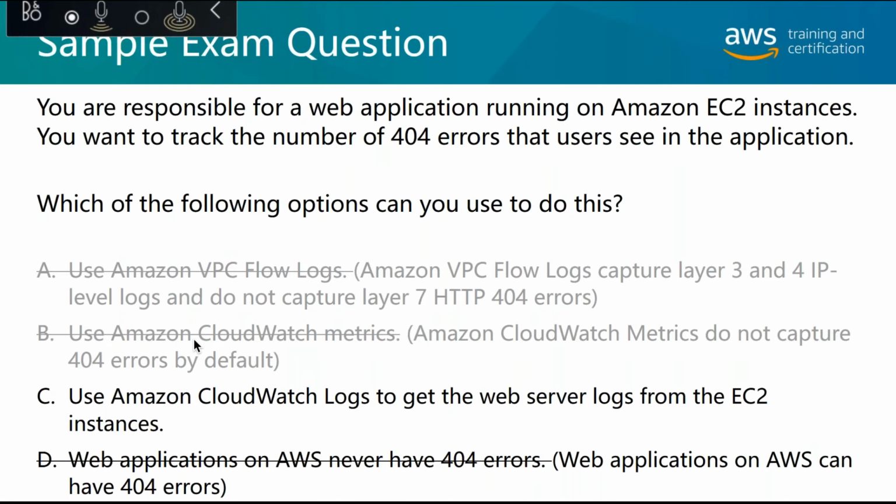You can install a package to get a memory metric. And then 404 errors wouldn't be considered a CloudWatch metric. The last one says web applications on AWS never have 404 errors. They can. So the best answer really is C.